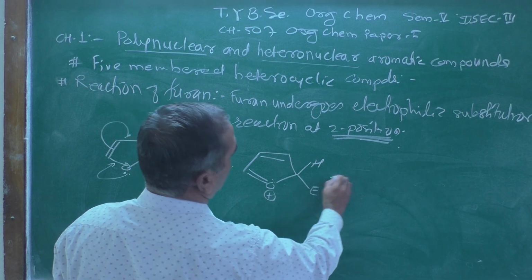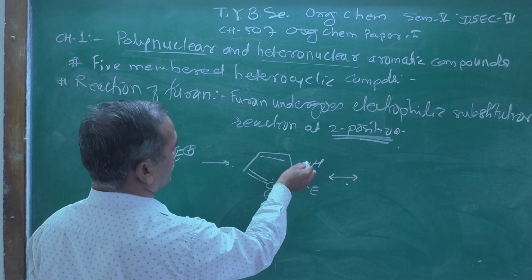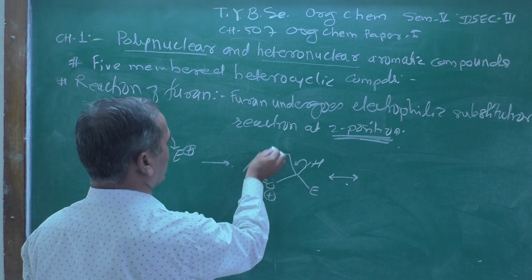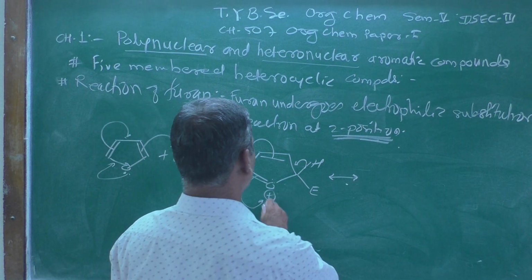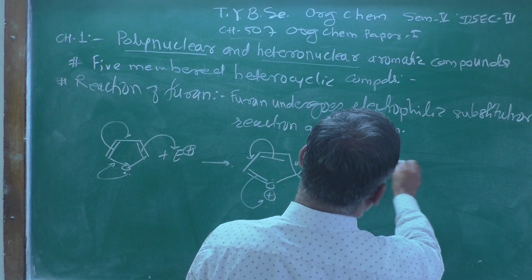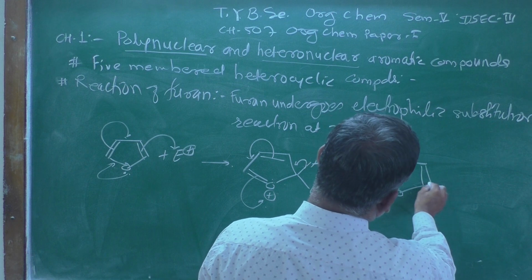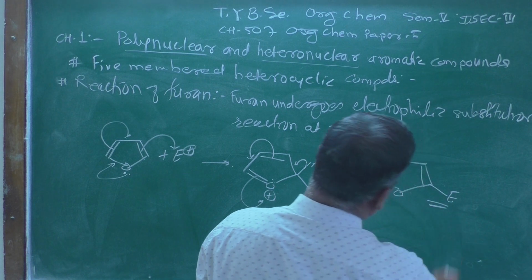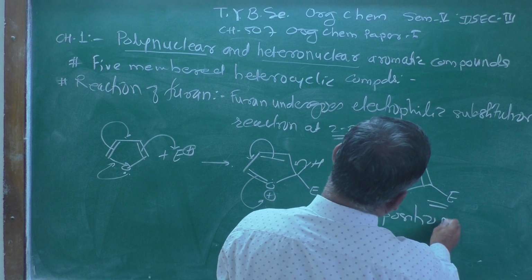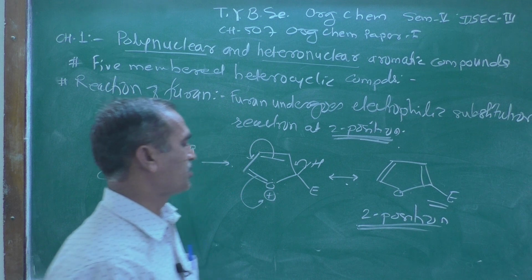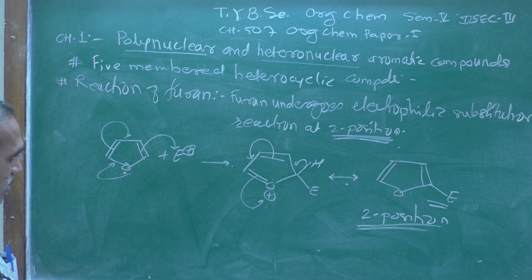Now a positive charge comes on it, and after that there is a loss of proton, forming a double bond. This double bond shifts from here to here, the positive charge gets neutralized, and we get aromatization back, and the electrophile preferentially attacks at 2 position. This is electrophilic attack at 2 position, and it is one way of showing that.